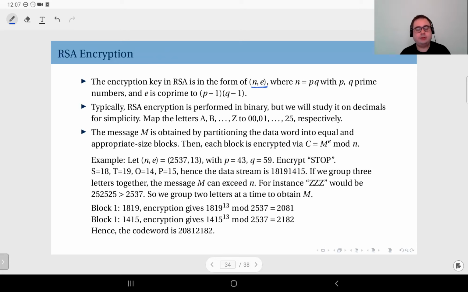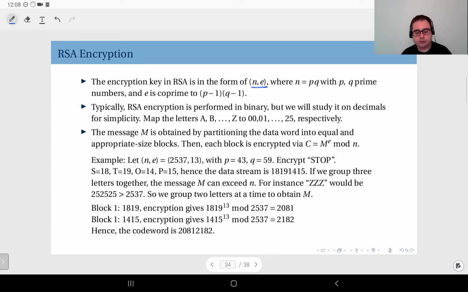Why this is so will be more clear when we talk about decryption. Typically, RSA encryption is performed in binary because that's what computers work in. But here, to understand how it works better, we are going to study it on simple decimal numbers, because it would be more difficult to follow the procedure in binary.